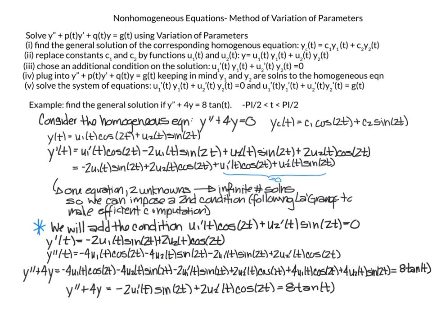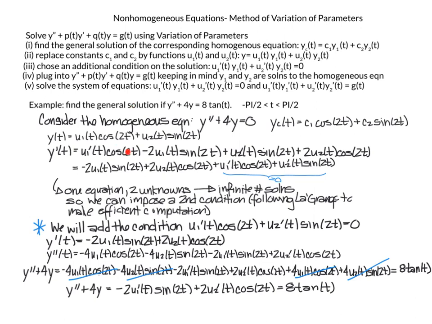There are a couple of things that can cancel out. This 4u1 cosine 2t can cancel with the 4u1 cosine 2t, and this minus 4u2 sine 2t can cancel with this 4u2 sine 2t. So what we're left with, after we plug in our y prime and y double prime into our differential equation, y double prime plus 4y, is minus 2u1 prime sine 2t plus 2u2 prime cosine 2t is equal to 8 tangent t.